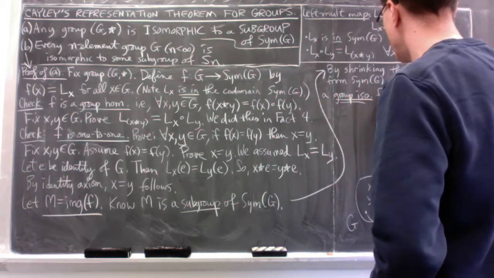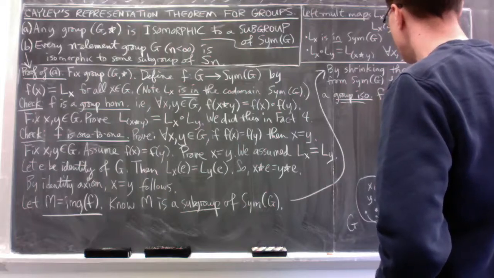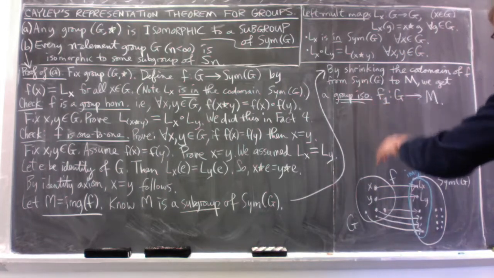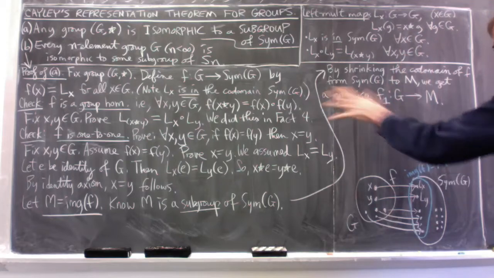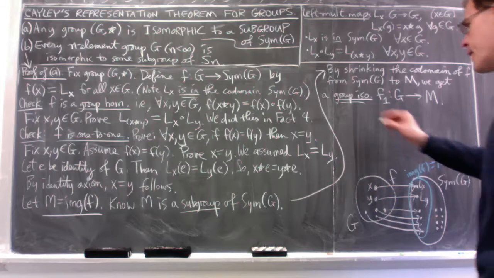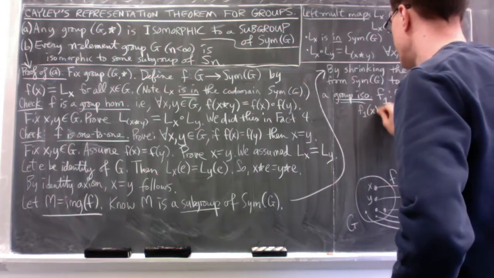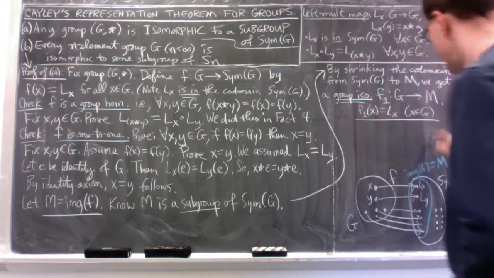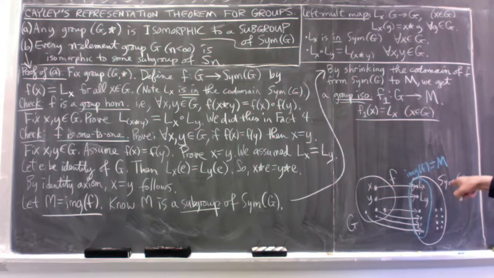You could call it f1 or something, from G to M. And the formula for f doesn't change, the inputs don't change, the fact that it's a homomorphism, it's the same formula. f1 of x is Lx, just like before.